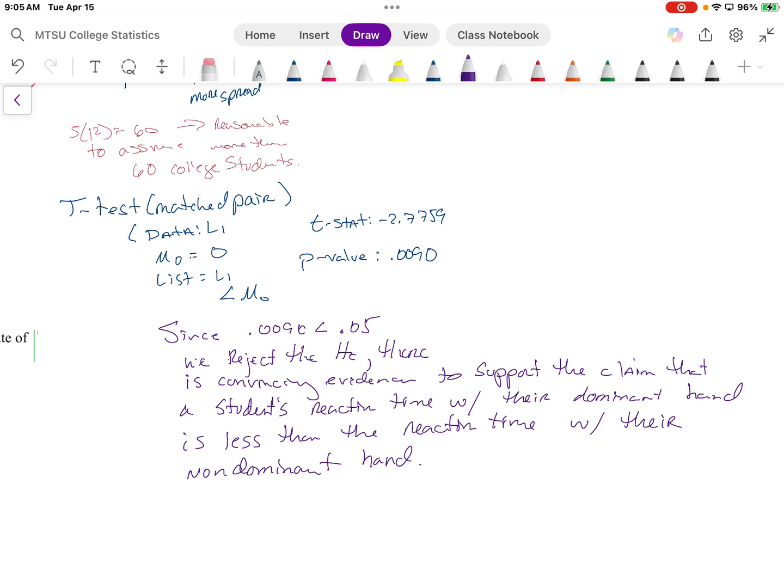So there's our conclusion. Again, he was testing the hypothesis. Hey, we do have evidence based on the data there that the student's reaction with their dominant hand is less than their non-dominant. When we think about it, we do a lot of things with our dominant hand.